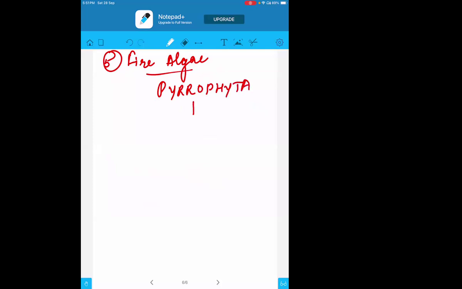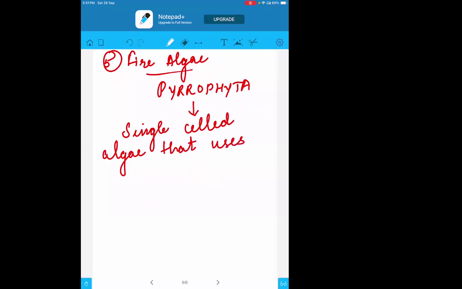Pyrophyta is basically a single-celled algae that uses flagella to move. What is flagella, children? Ma'am, it is just like pseudopodia to move.